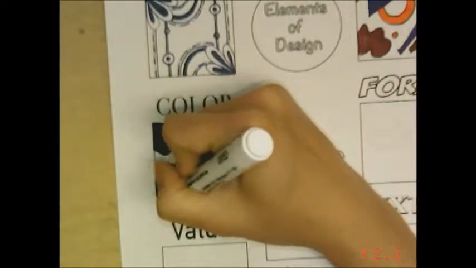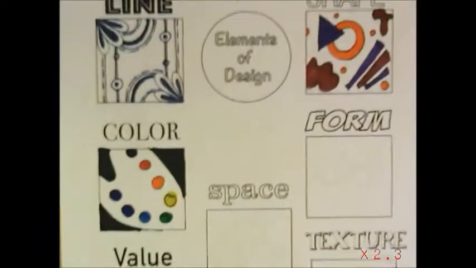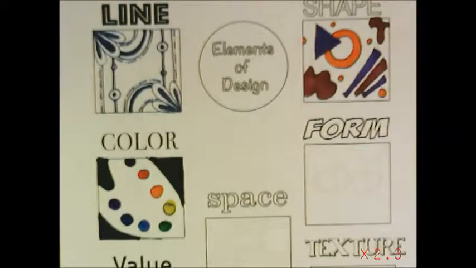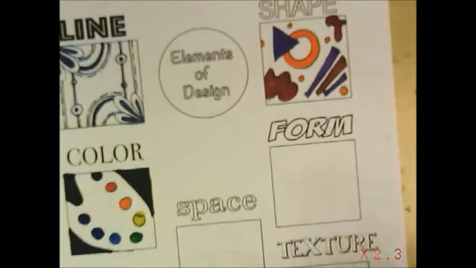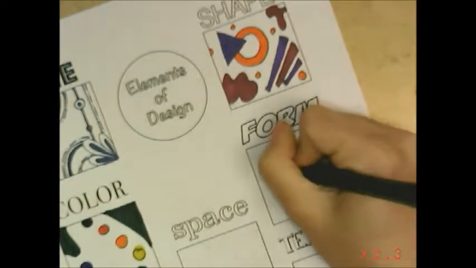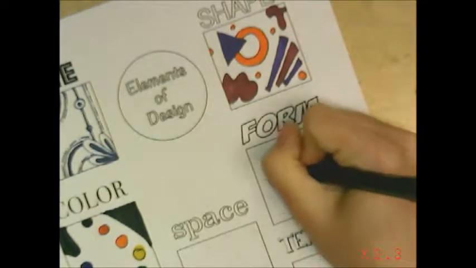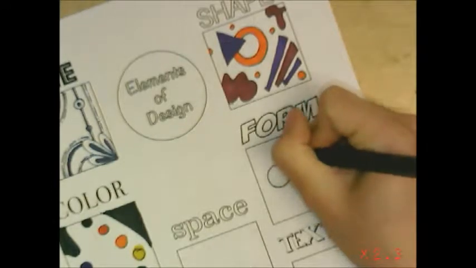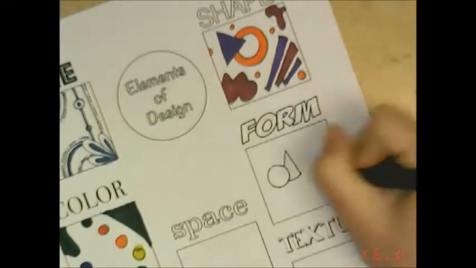With each one of these, I want you to really think like an artist. Each one should be its own little masterpiece. Okay, next I'm going to do form. Forms are three-dimensional closed objects. What I've done here is draw the basic geometric forms that we think of.